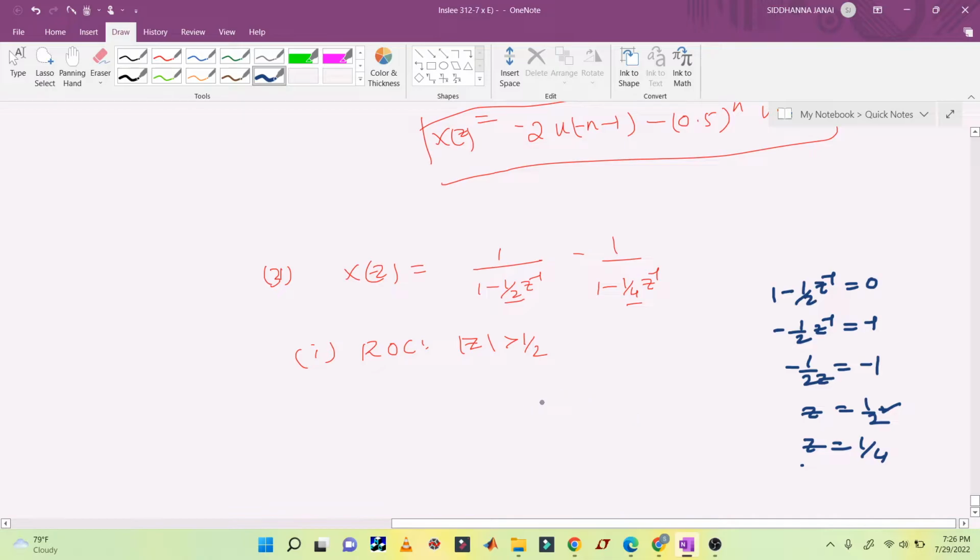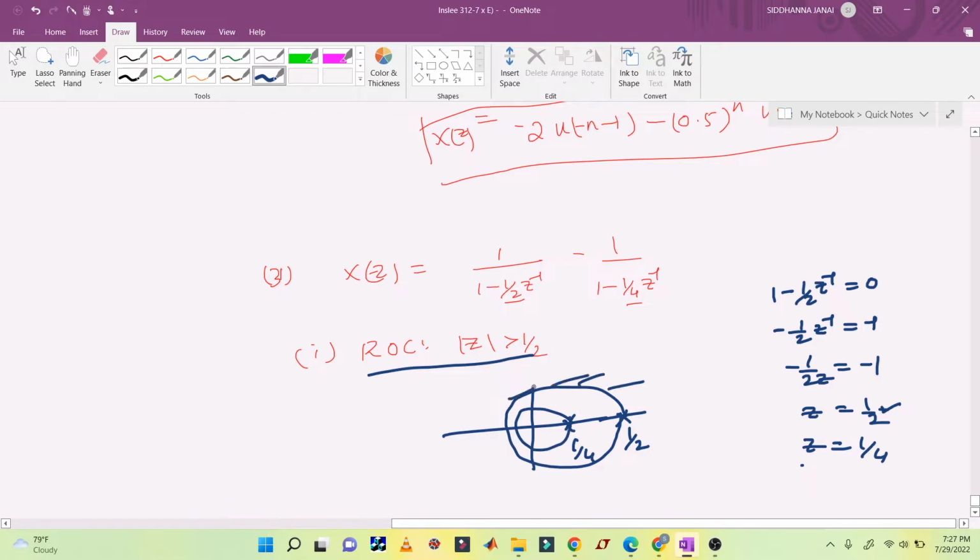There is a pole at 1 by 4 and there is a pole at 1 by 2. And the ROC we are looking at is magnitude of z greater than 1 by 2. The ROC is outside the outer circle. So if you look at this pole towards its right, ROC. If you look at this pole also towards its right, ROC.